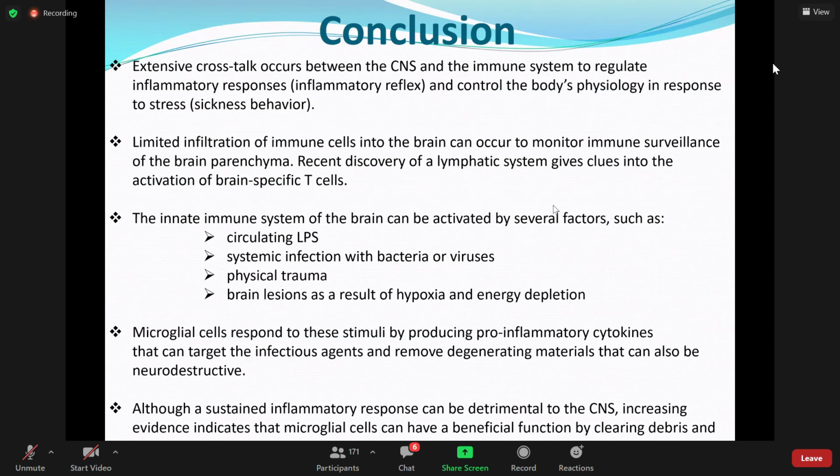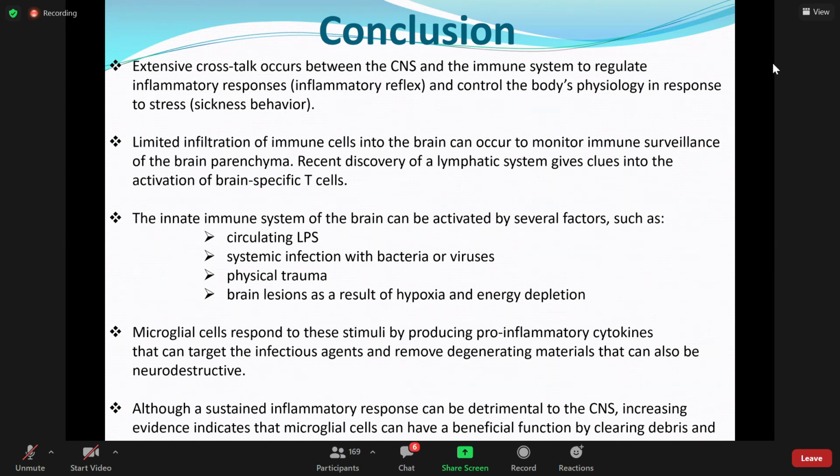So in conclusion, we now have a consensus that the immune system and the nervous system are in close communication with each other through several networks such as the HPA axis, nociceptors, and the vagus nerve.